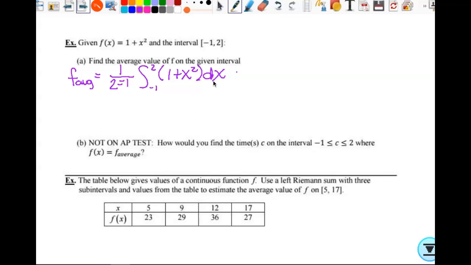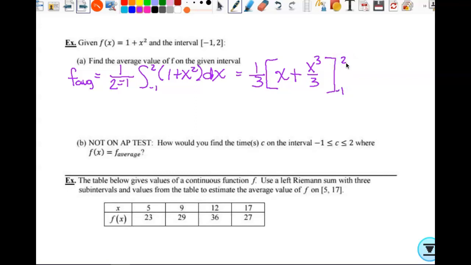So here, that gives me 1 over 3. Then I'm going to integrate this. When I do that, what does the 1 become? X. Plus, what does the x squared become? X cubed over 3. And I don't need my c because I'm evaluating. So I'm going to evaluate that from -1 to 2.